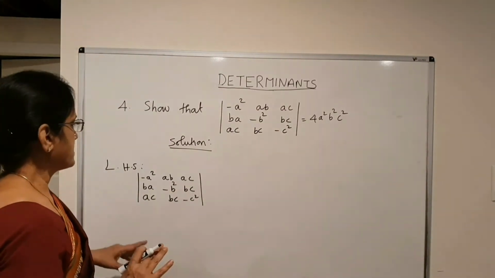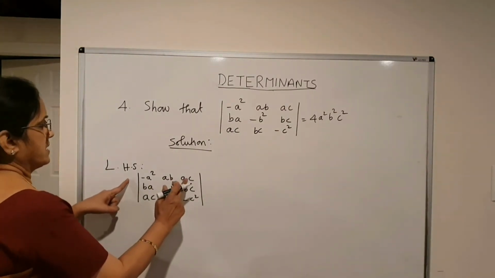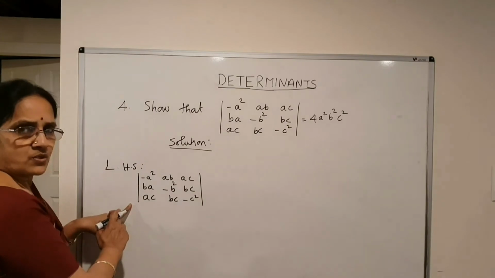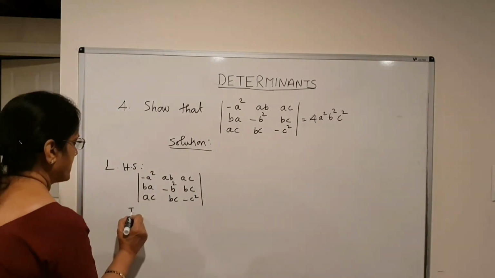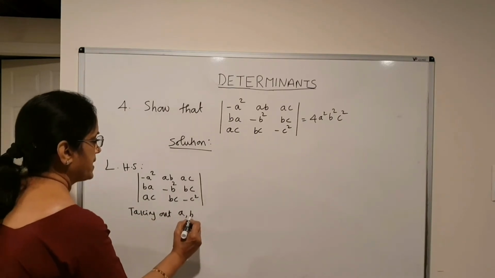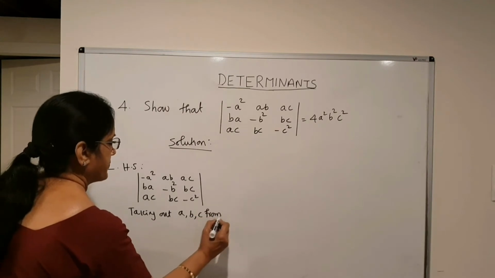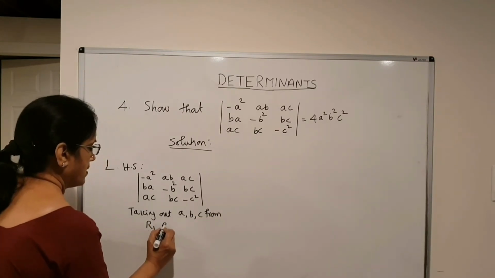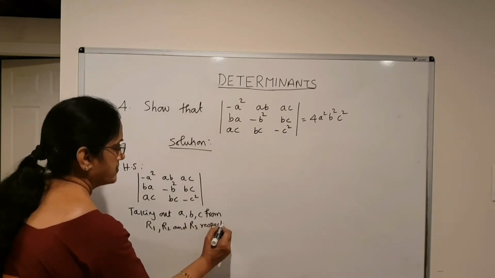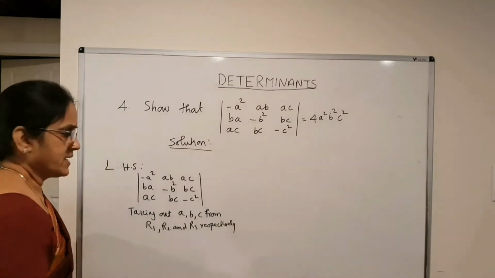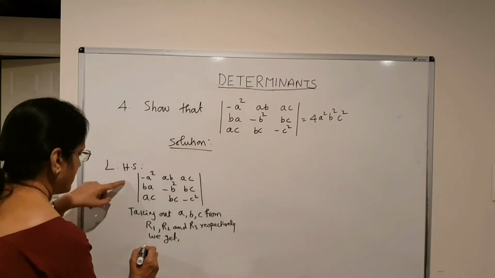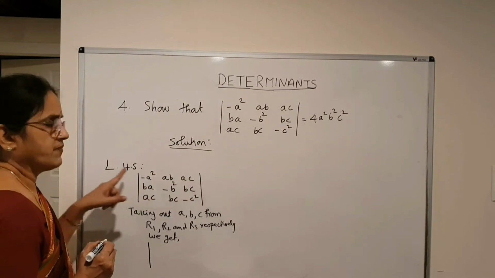What I am going to do here is, I am going to take out a from row 1, b from row 2, c from row 3. So let me write that. Taking out a, b, c from R1, R2 and R3 respectively, we get: now write down, I am taking out a from R1.